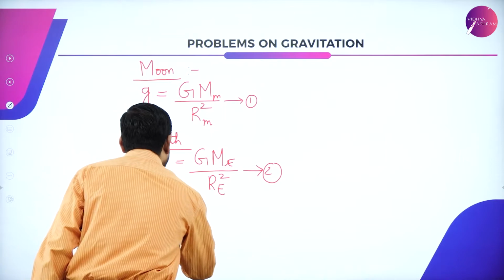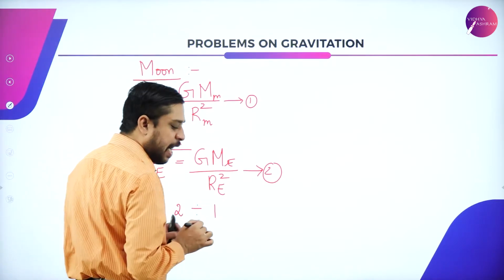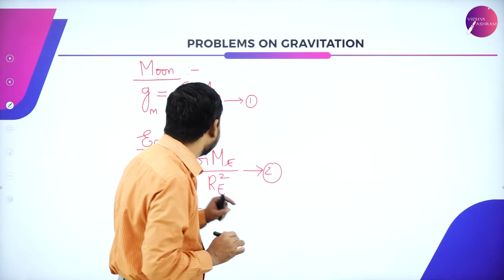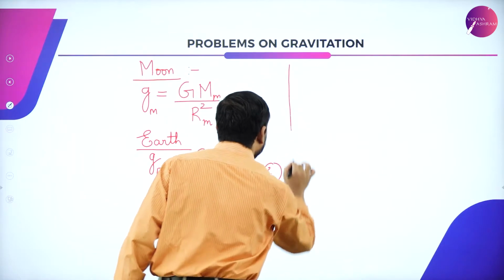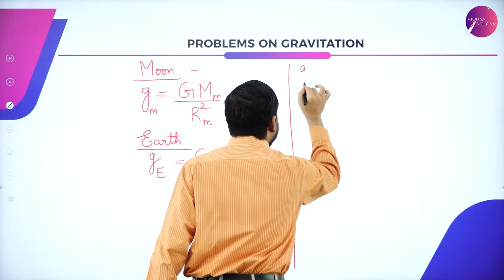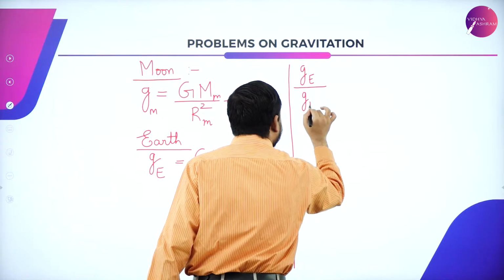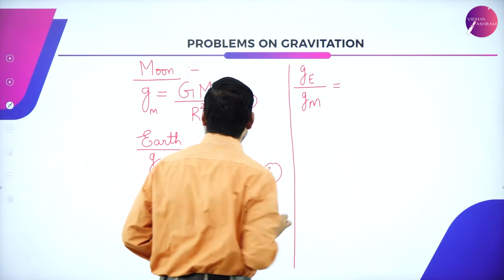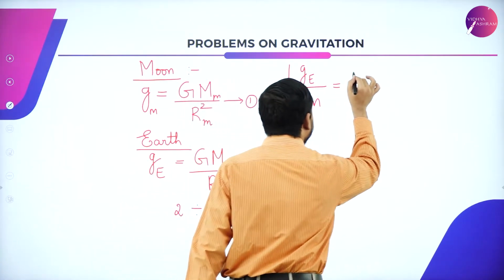Now, equation 2 divided by equation 1. We have GE by GM. Capital G gets cancelled.